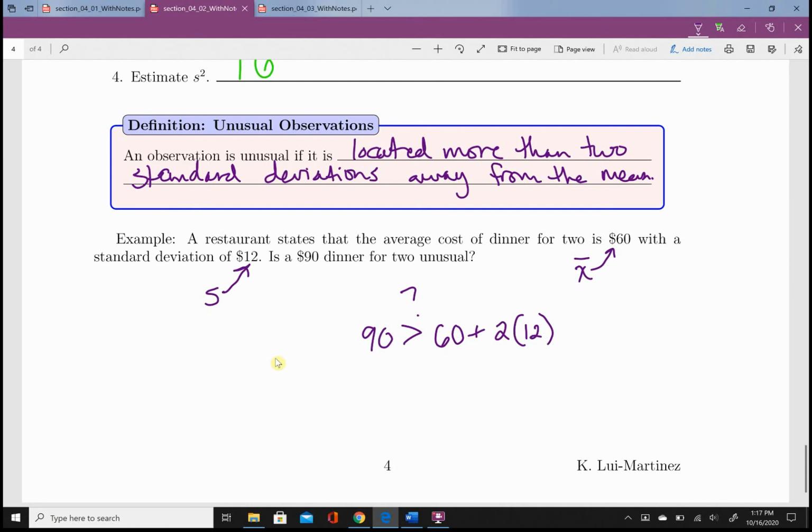Okay? So here we go. 60 plus 24, which is 84. Yep, $90 is greater than $84, which is a distance of 2 standard deviations away from 60 in the larger sense, right? Well, since 90 is bigger than 60, we only want to test on one side, right? We don't care about how it compares to 2 standard deviations away in the less pricey direction, right?